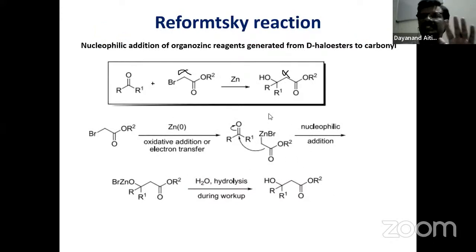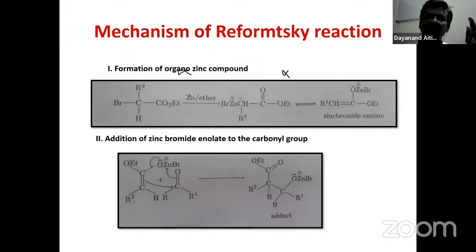What is the purpose of zinc? Everything we have discussed. This reaction is known as the Reformatsky reaction. It is giving a carbonyl derivative, and we are using an alpha haloester. In the exam, what will he ask? What is the product, what is the reactant, what is the reagent; you must remember everything like this, and it becomes easy.